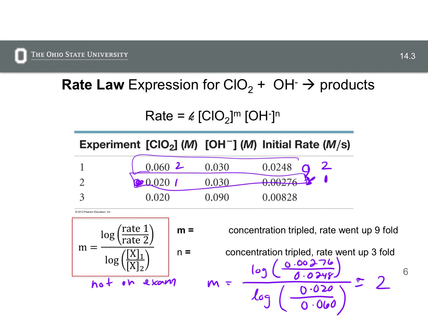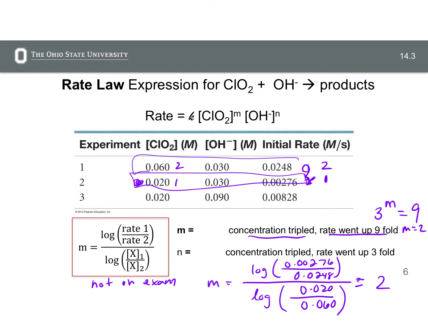Okay, now you could do this without doing the equation, but it's a little trickier, at least for me, to recognize why that's a 2, because now we're tripling the concentration, not doubling like I showed in that previous slide. So if we tripled the concentration of ClO2 and the rate went up 9-fold, what's m have to be? 2.